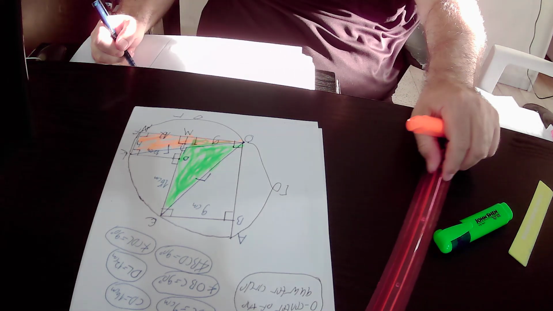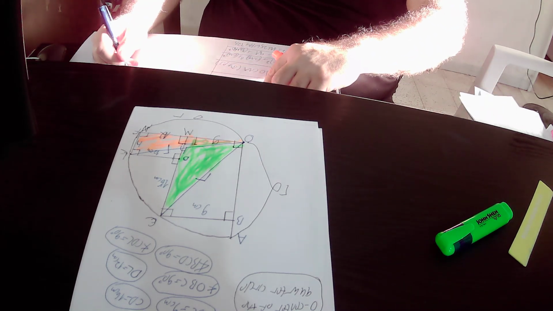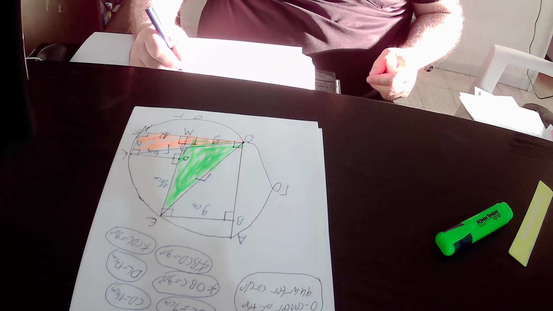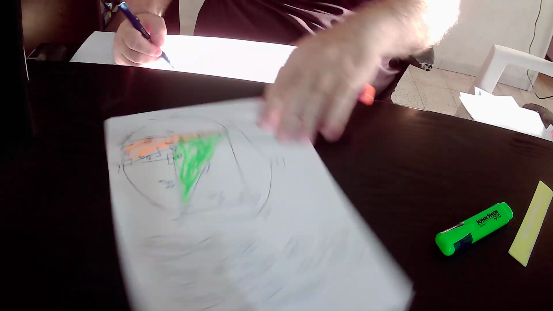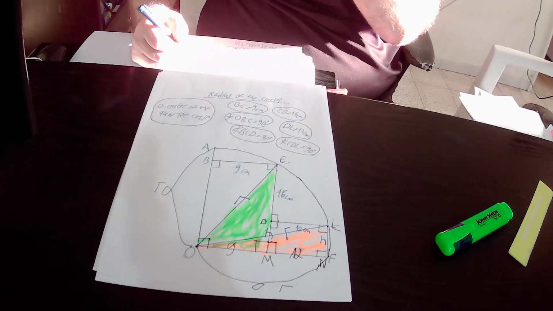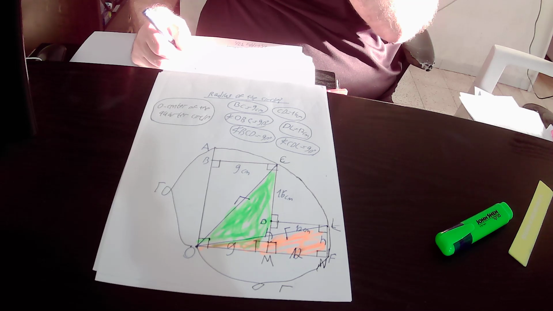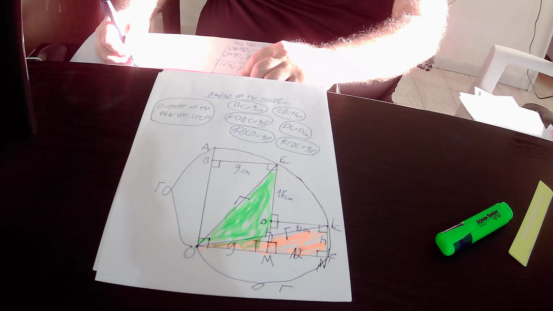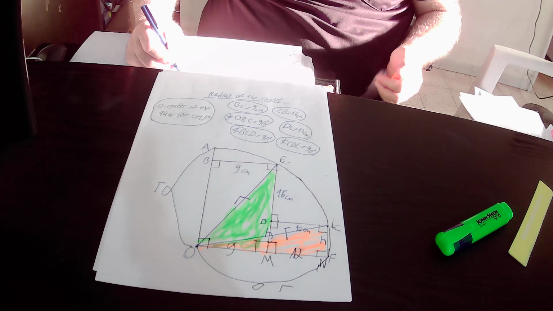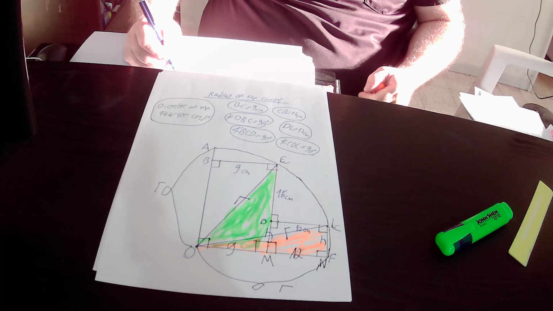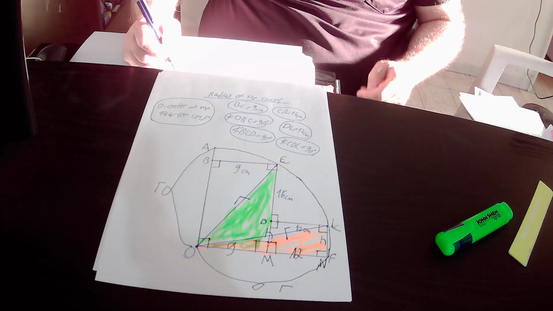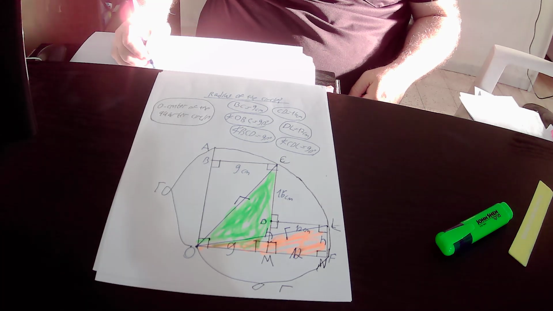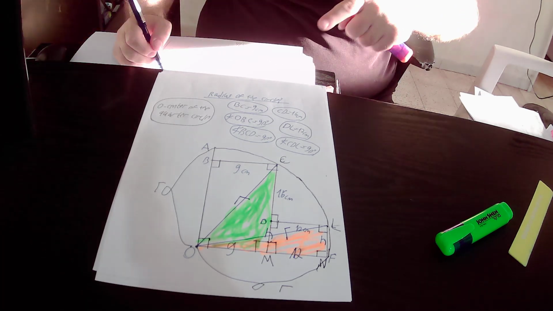According to the Pythagoras theorem, the square of the hypotenuse equals the sum of the squares of the perpendiculars. That is to say, in the right orange triangle OLN, we get that the square of the hypotenuse is LO square, and it must be equal to the sum of the squares of the perpendiculars. That is to say, it must be equal to OM square plus ON square.